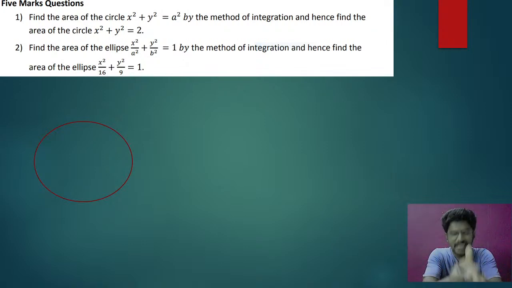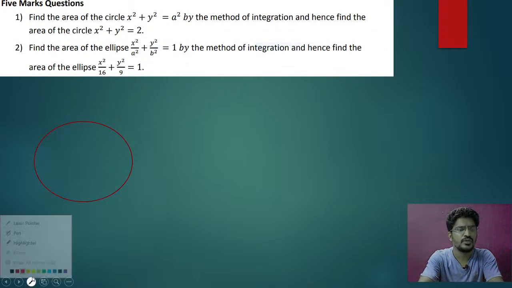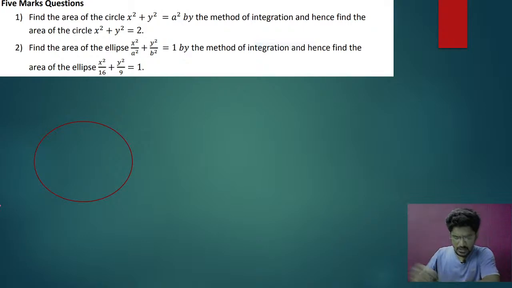This is part 3 of application of integration, in which we are going with 5-mark problems. Don't miss part 1 and part 2 videos. Okay, so now let us start this class.